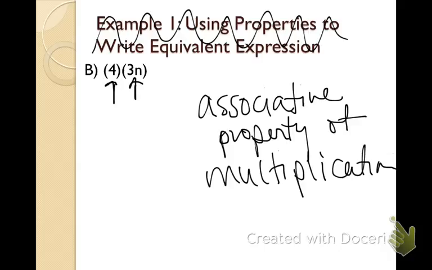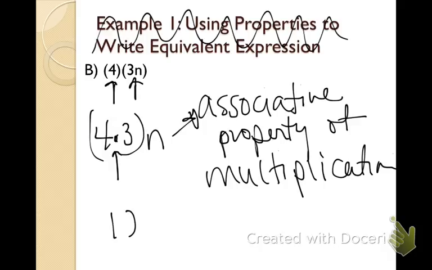I'm going to associate my 3 and my 4. Notice we can use a dot to represent multiplication, and we can use parentheses. Now I've changed the way I have them associated. So my final answer, if I want to simplify it, is 12n.